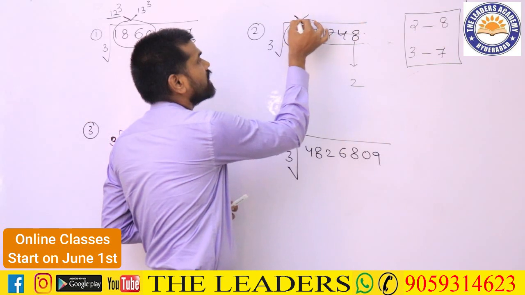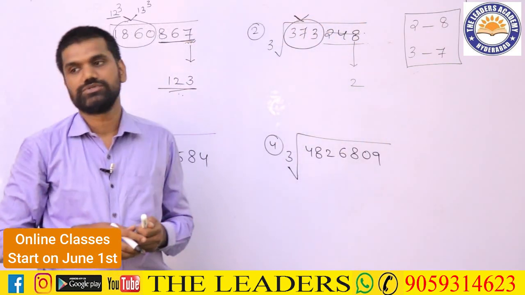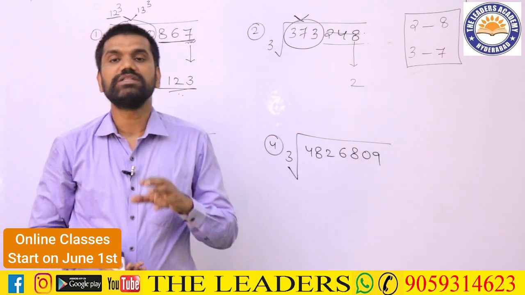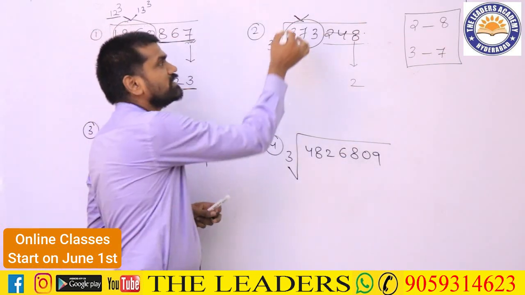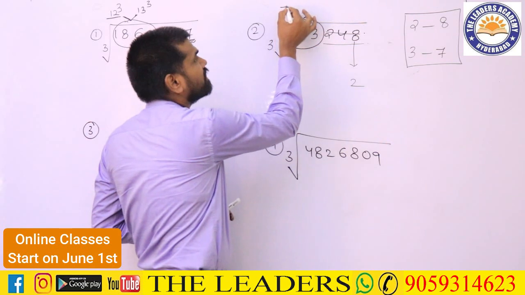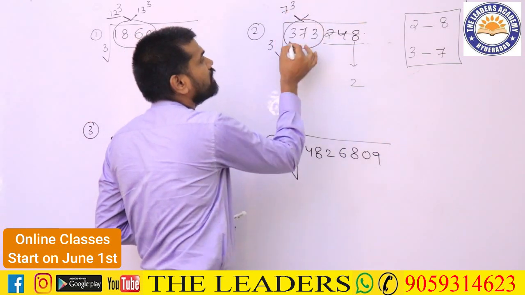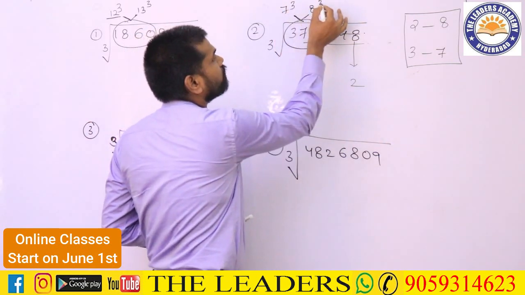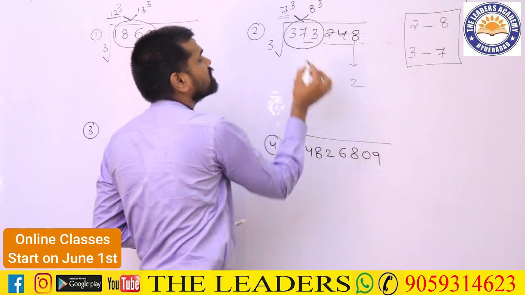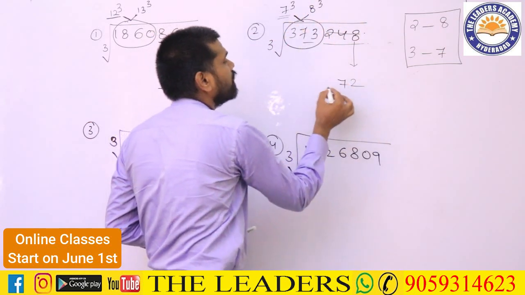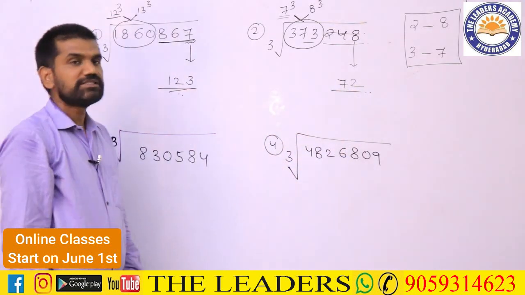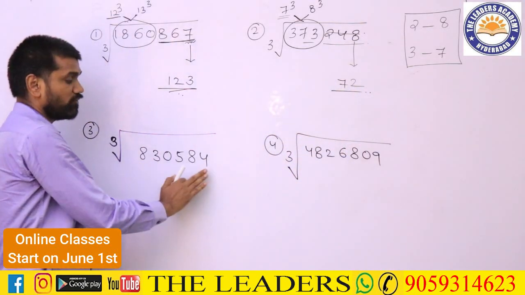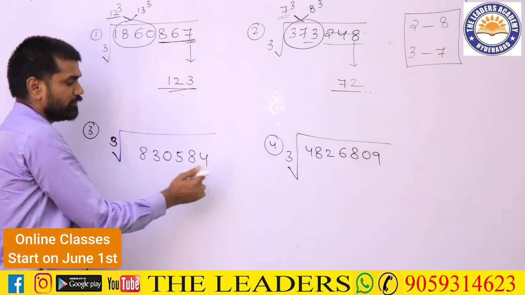You check which two cubes it is lying between, and based on that, we can decide which digit will come on the left side. As it is lying between 7 cube, 343, and 8 cube, 512, you simply place the lower bound over here, which gives 72.